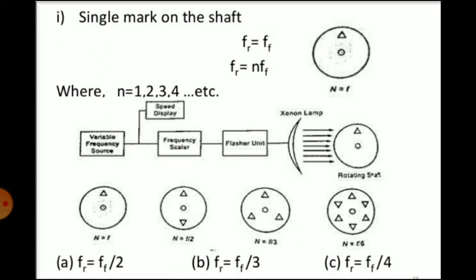When n equals f or 2f or 3f, you will see the stationary pattern. Also when n equals f by 3, 2f by 3, 4f by 3 or 5f by 3, you will see the stationary pattern. So there will be a great possibility of error.